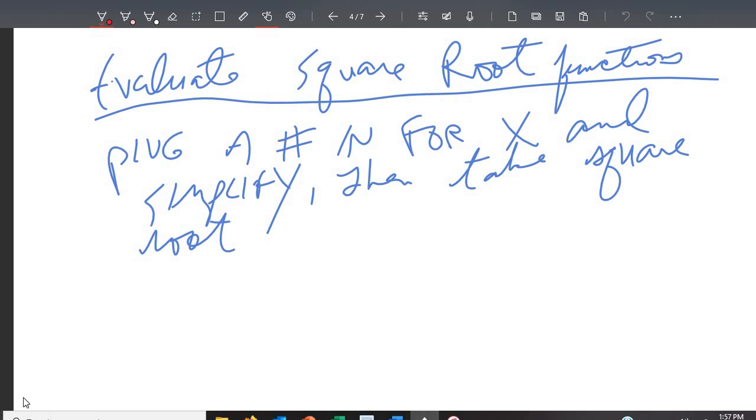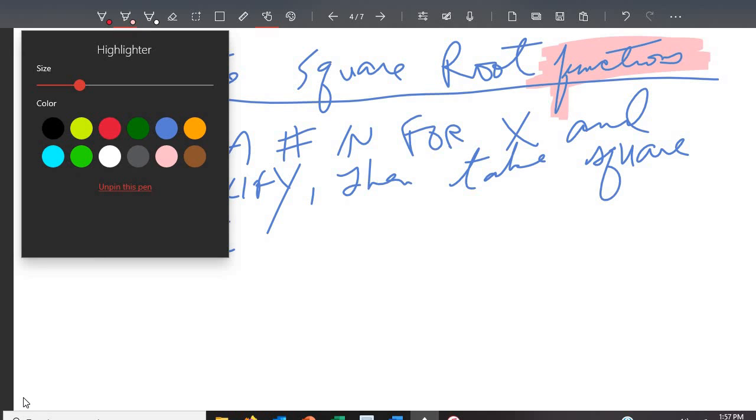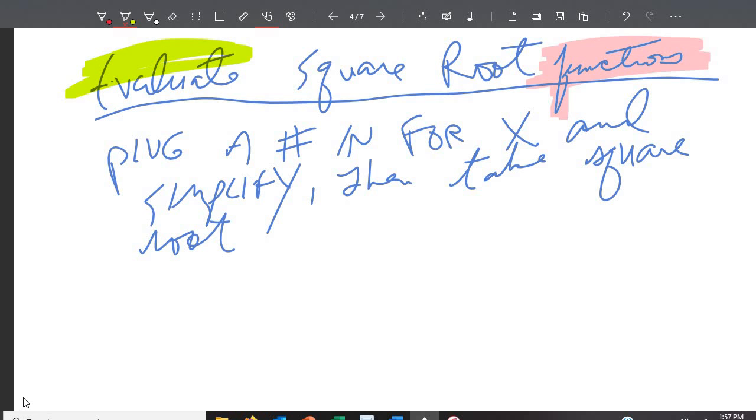Now, evaluating square root functions. We have not talked about what this is. College algebra, you will talk about this a lot. When it says evaluate, that means plug a number in for x. We're doing a substitution. Now, a function is written a certain way, and we're told what to plug in for x a certain way.